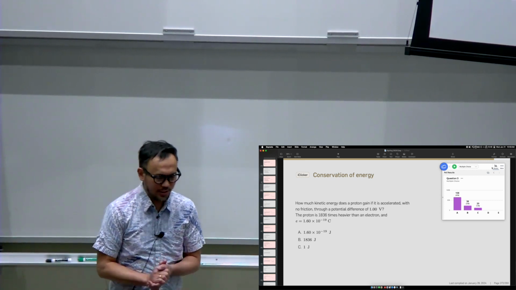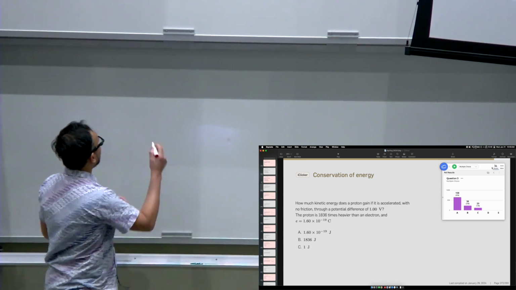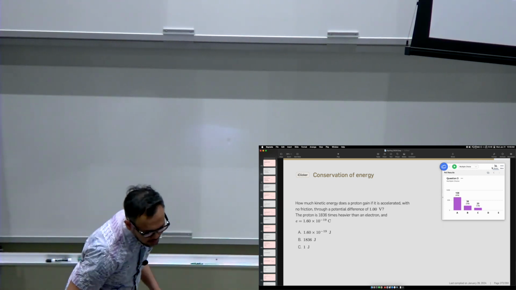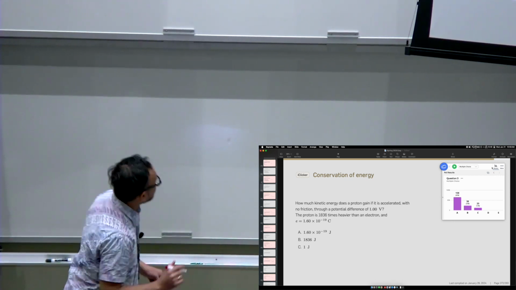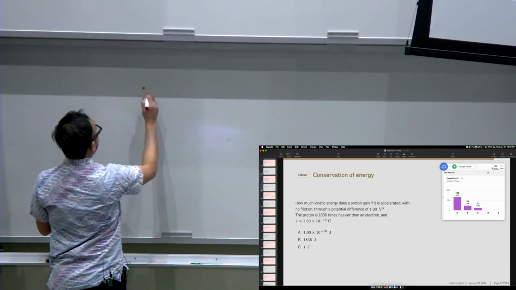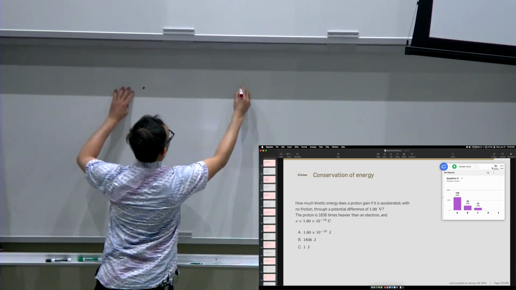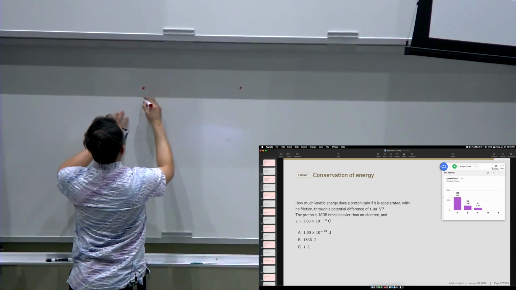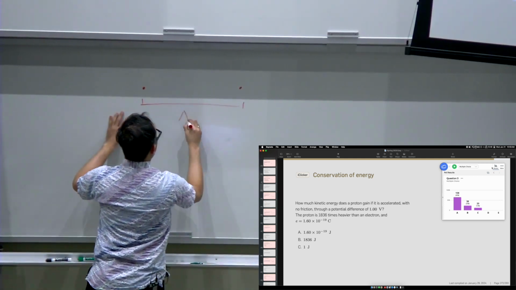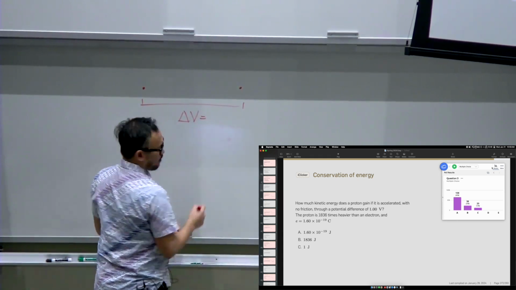Okay. So in this case, there is a delta V from one point to another point. Delta V is equal to 1 volt.